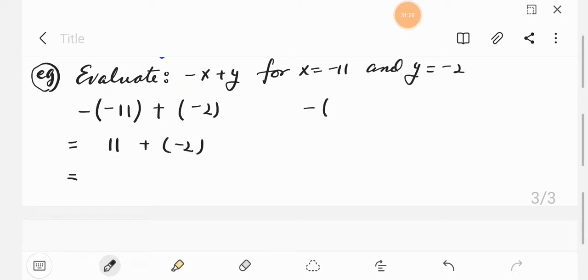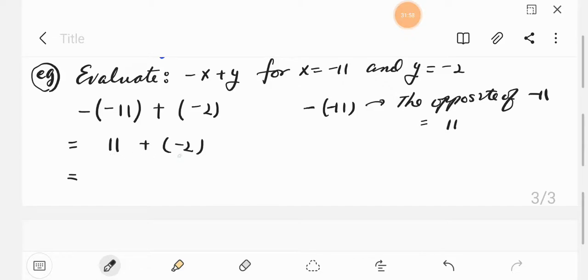Opposite of negative 11 will be positive 11, right? So you can think of this one: negative times negative is positive, or the opposite of a negative number is a positive number.